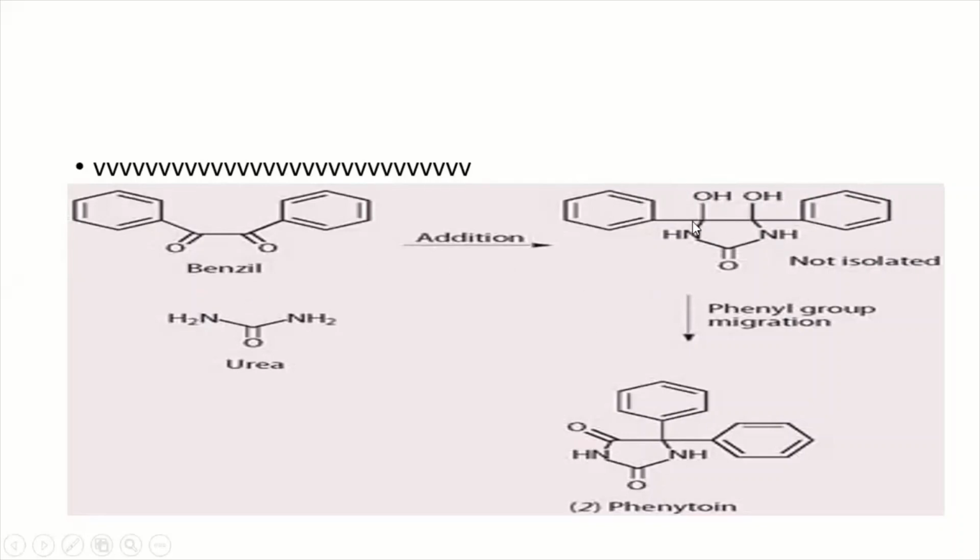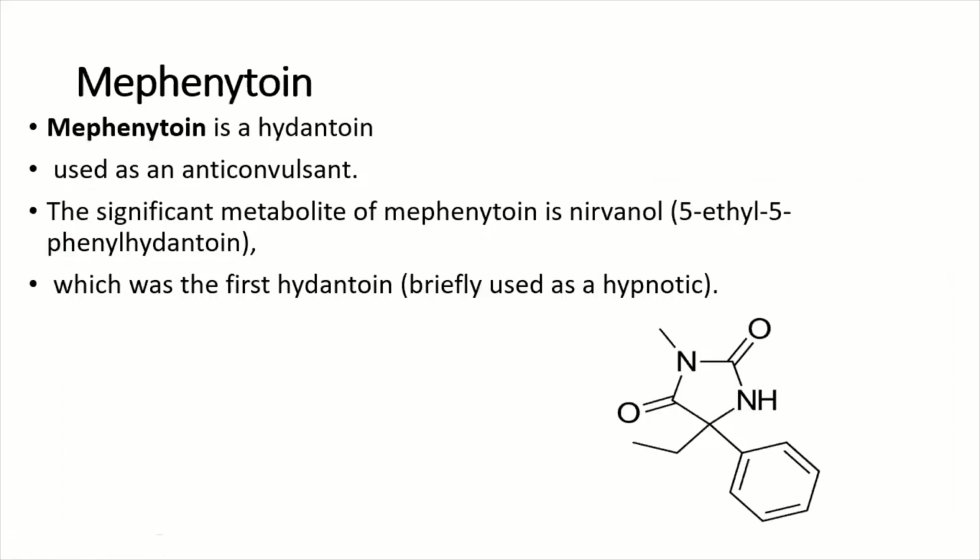From this intermediate compound, this is the pinacol-pinacolone rearrangement reaction. This aromatic ring will migrate to the next carbon, so a 1,2 shift takes place. There is shifting of this aromatic ring to the adjacent carbon atom and loss of one molecule of water, and thereby it forms the keto group and forms phenytoin, which is the anticonvulsant.